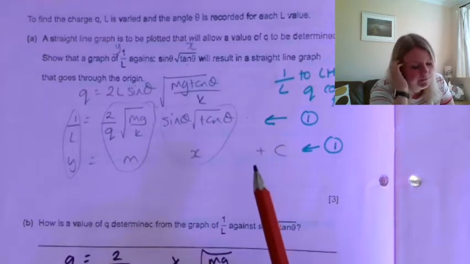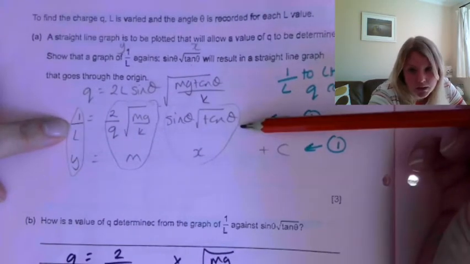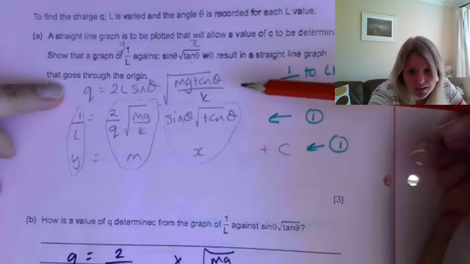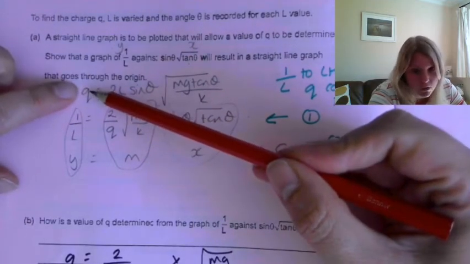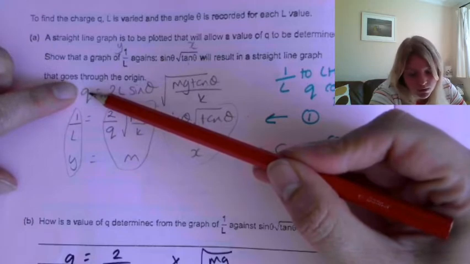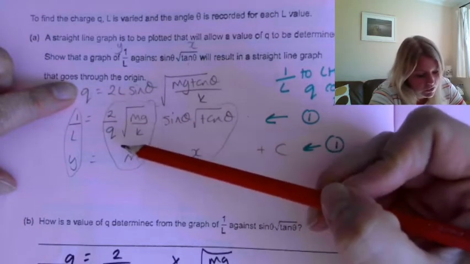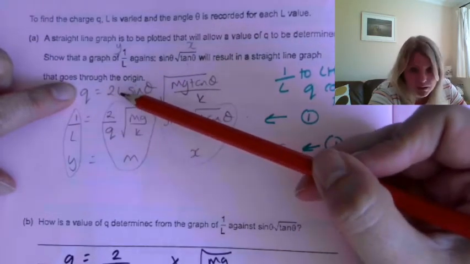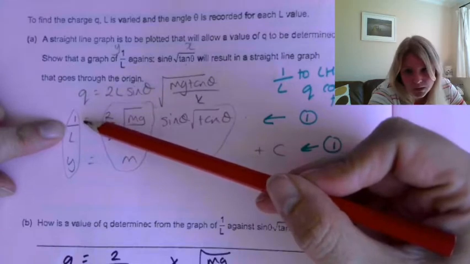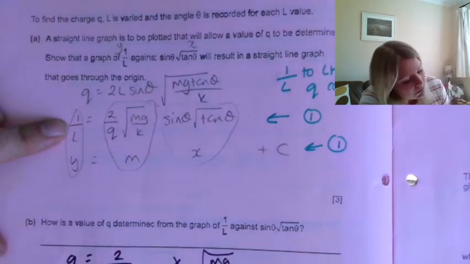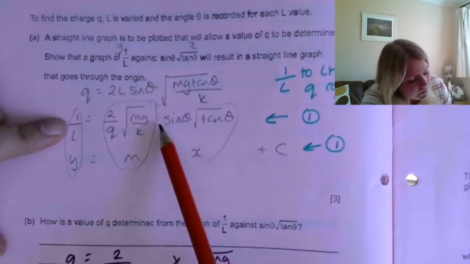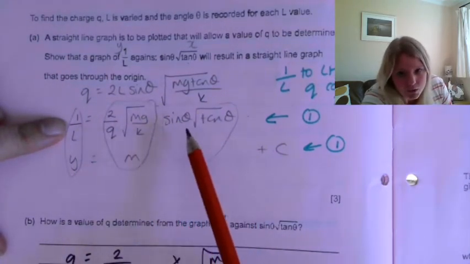So to get from here to here, we've divided both sides by L and we've divided both sides by Q. Dividing by Q leaves you just with 1 on this side and then 2 over Q here. And dividing by L then gives you 1 over L over here, and it disappears from this side. You will also notice that I have split this up into 2.